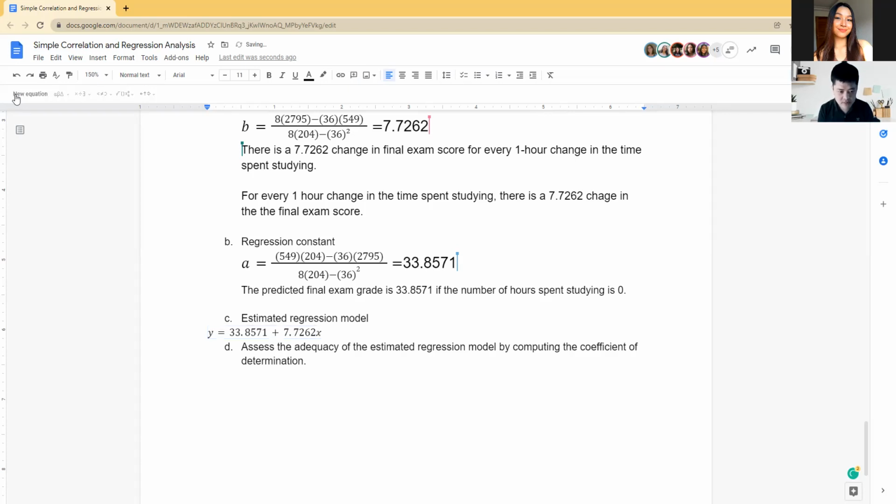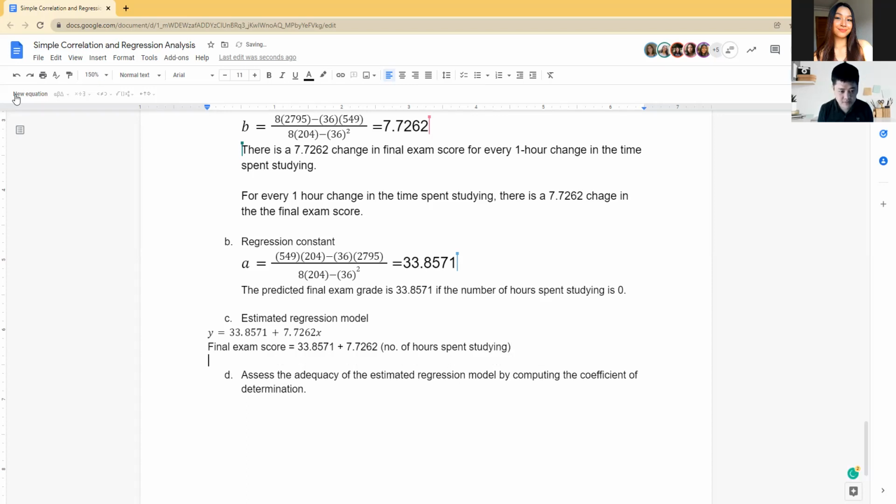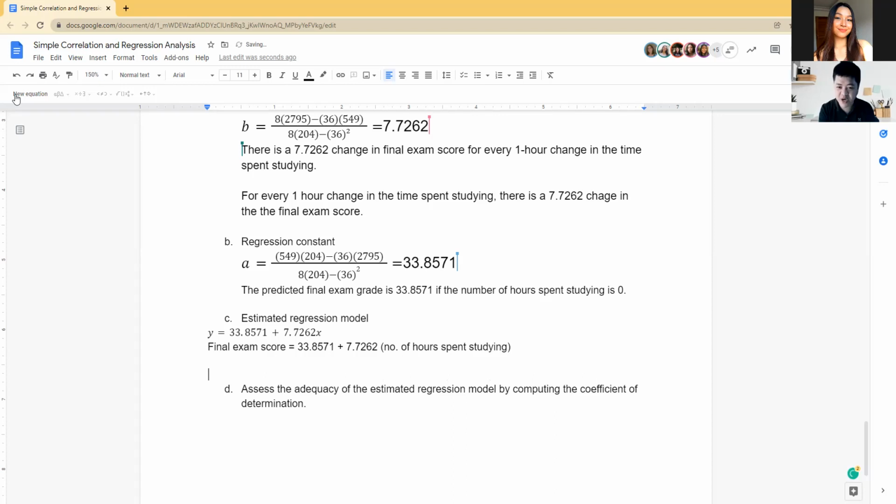Or, kung gusto natin na mas makita, final exam score is equal to 33.8571 plus 7.7262 times hours, number of hours spent studying. Okay, so basically that's our model.